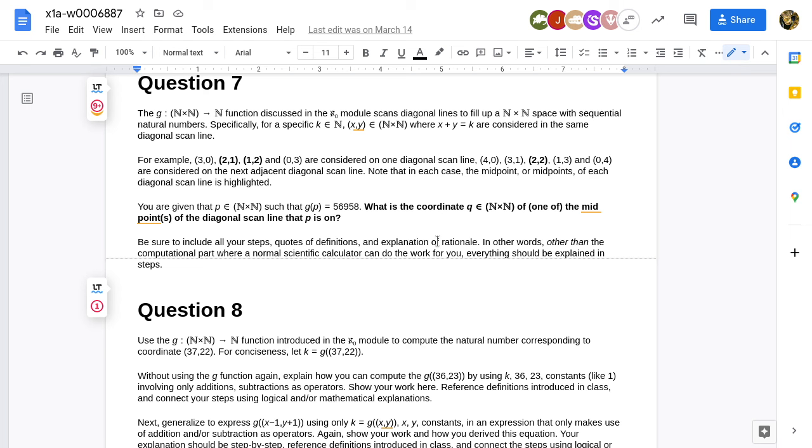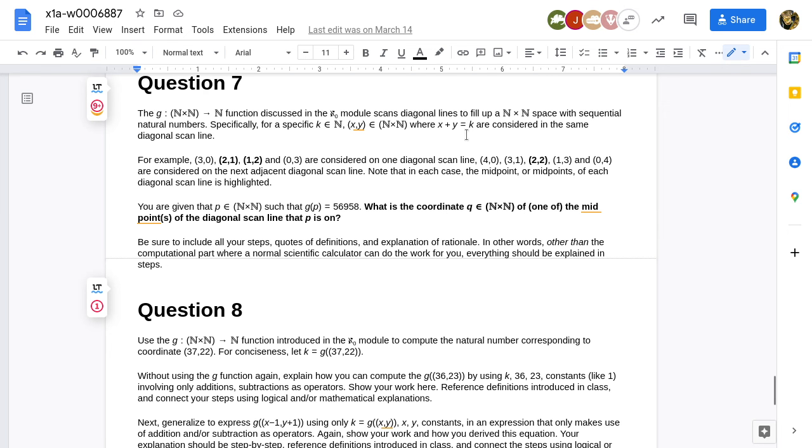Specifically, for a specific k in N, the points xy in the two-dimensional space N Cartesian product N, where x plus y equals k, are considered in the same diagonal line. I think we got that part, right? As long as the k is the same, we are talking about elements, or pixels, of the same diagonal line. So we're still remembering that part?